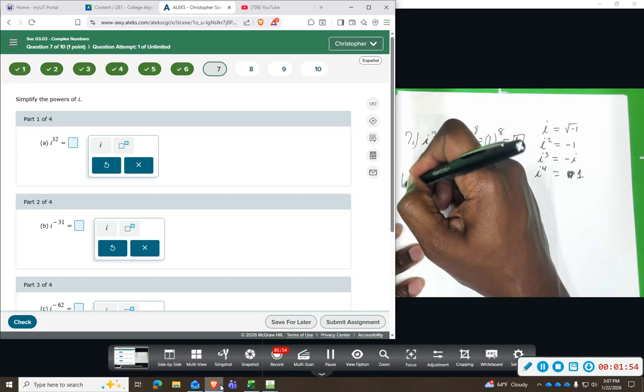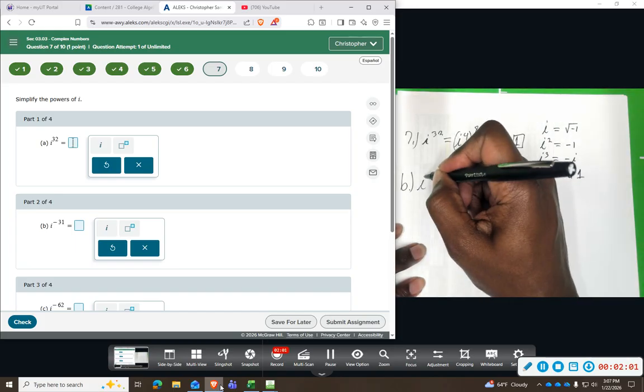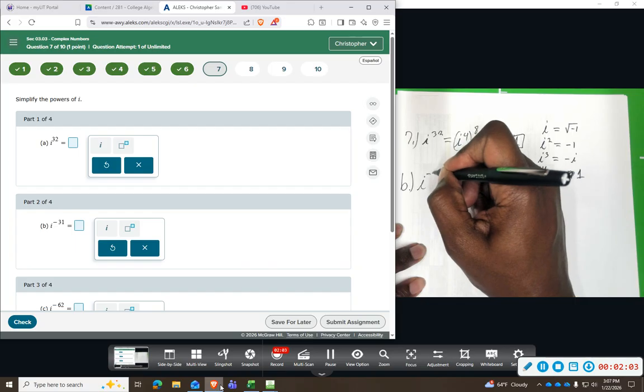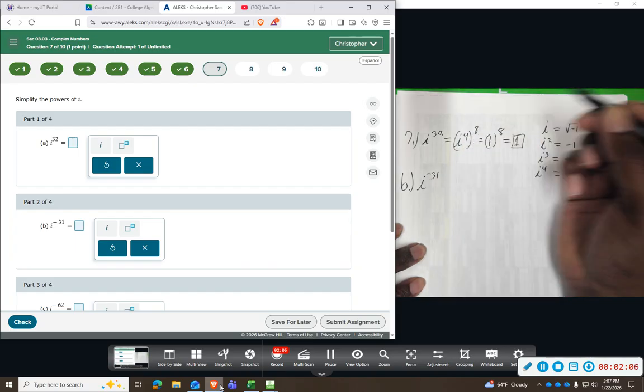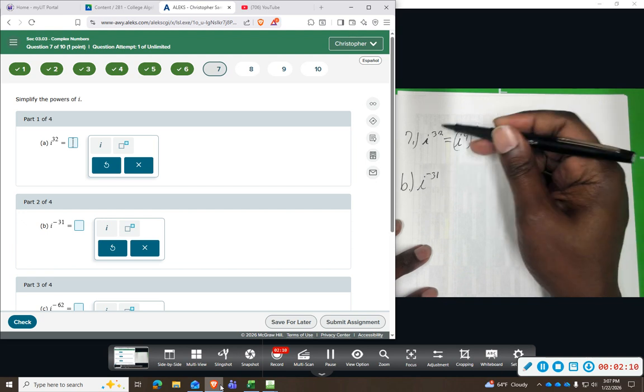Now on part B, we're dealing with a negative exponent, but we're going to handle it pretty much the same. So we have i to the -31st power. The closest number to 31 that is a multiple of 4 is 32.